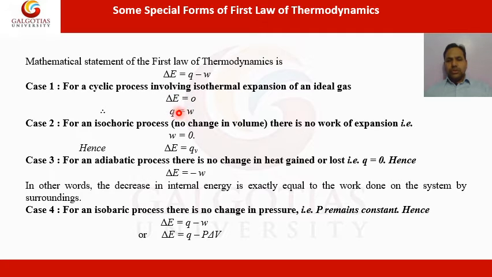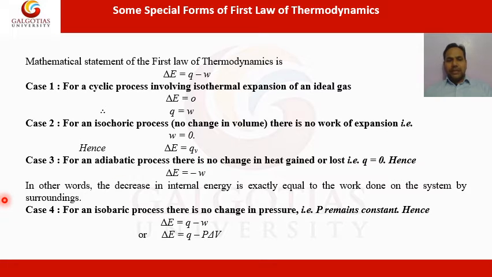So Q is equal to W, the work done. Another case is the isochoric process, meaning there is no change in volume, the volume remains constant. So there is no work of expansion, that is W is equal to 0, and delta E is equal to QV.